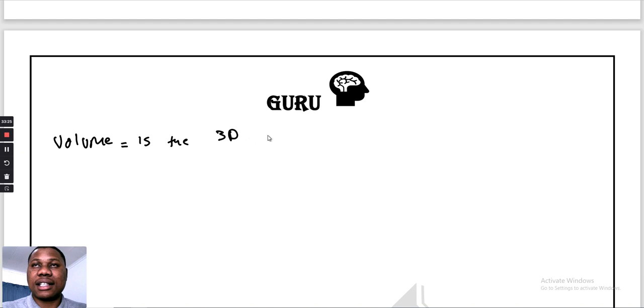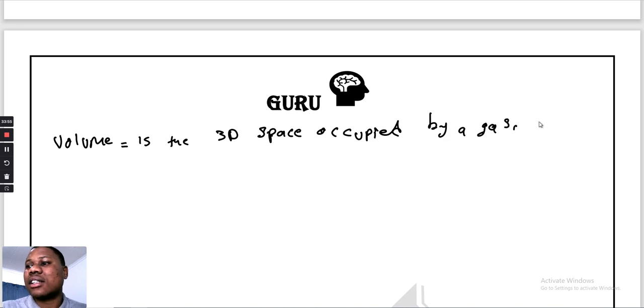Volume is the three-dimensional space, I like to give this one available, or let me use the word occupied, occupied by a gas, liquid.